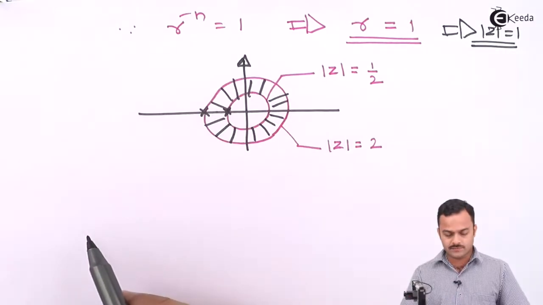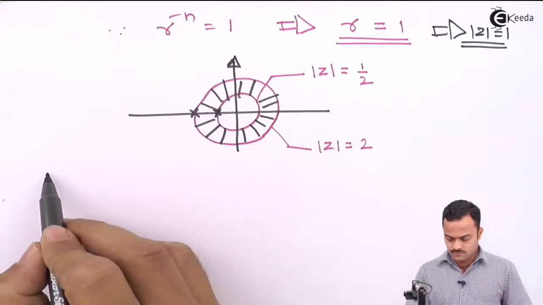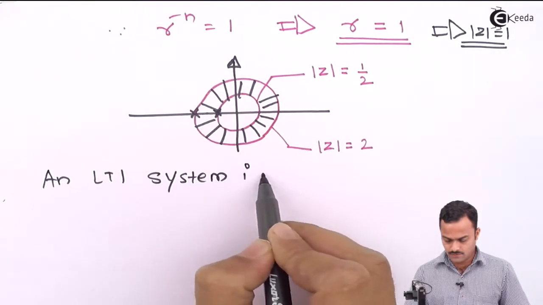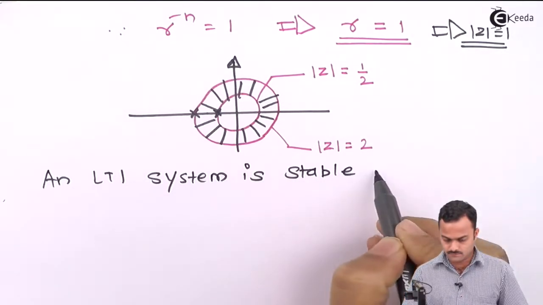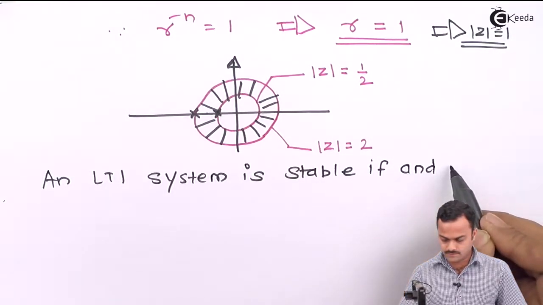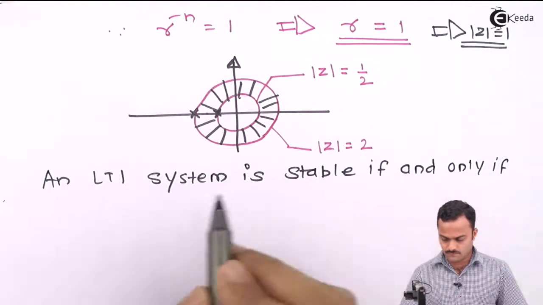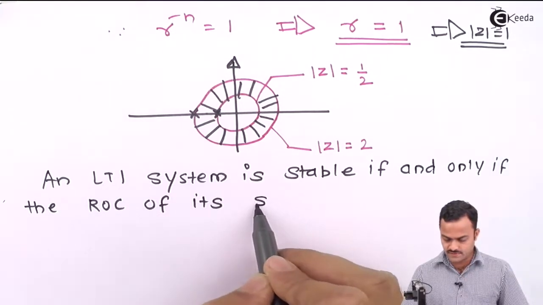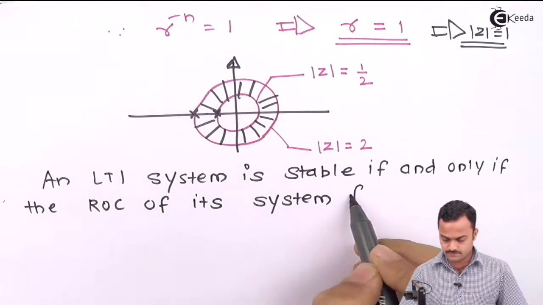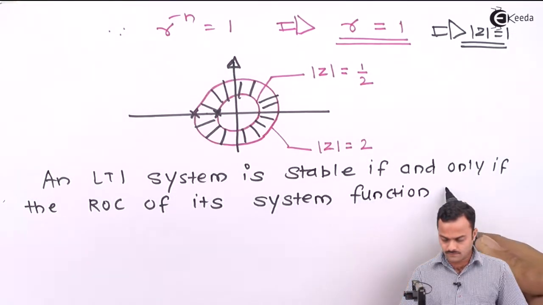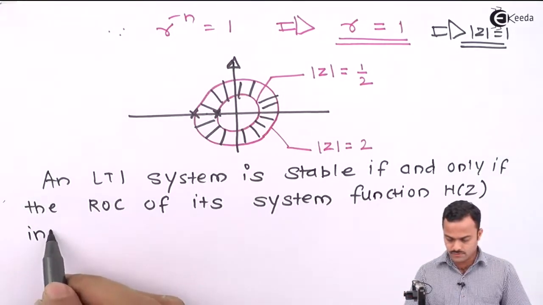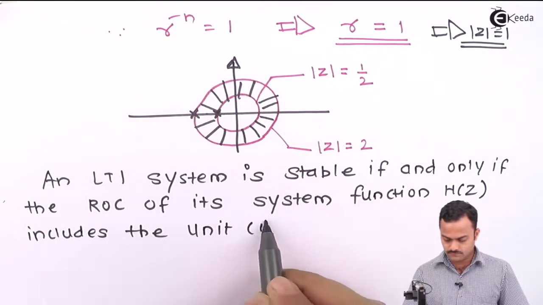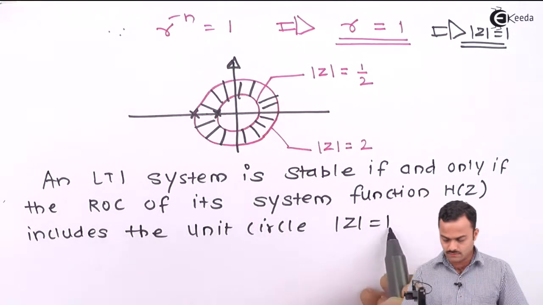So let's write this as a statement. An LTI system is stable if and only if the ROC of its system function, that means impulse response, h of z, includes the unit circle, that is mod z equal to 1.